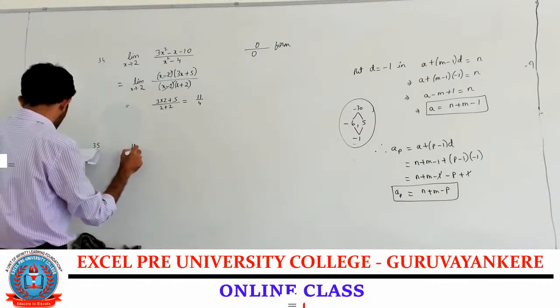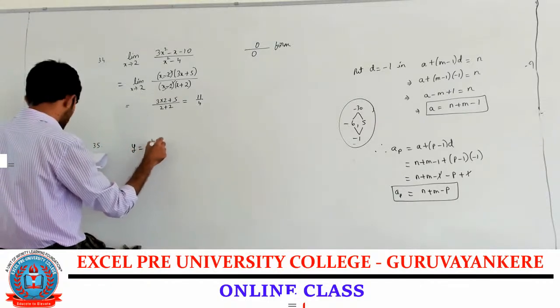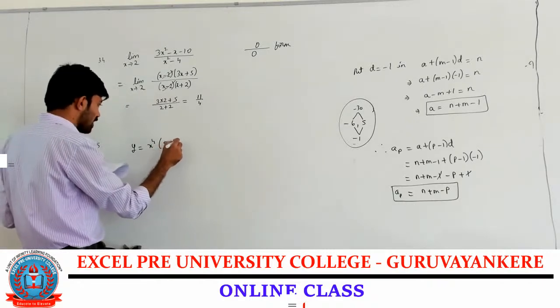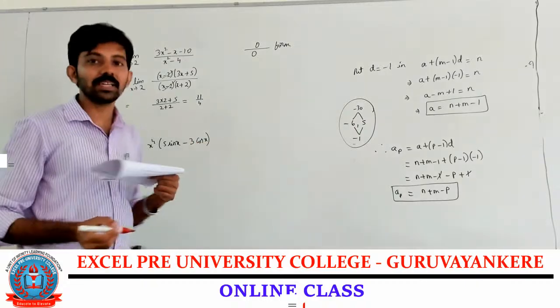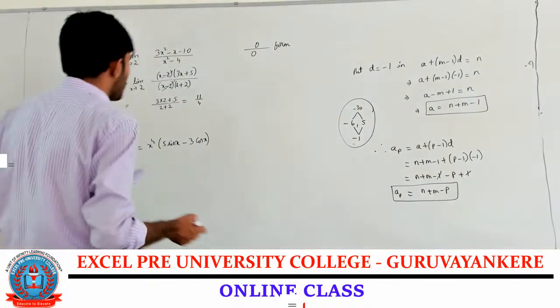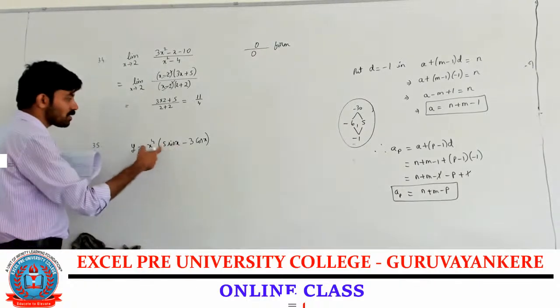Find the derivative of y equal to x power 4 into (5 sin x minus 3 cos x). Find the derivative of this. Here we apply the product rule, multiplication of two functions, no?